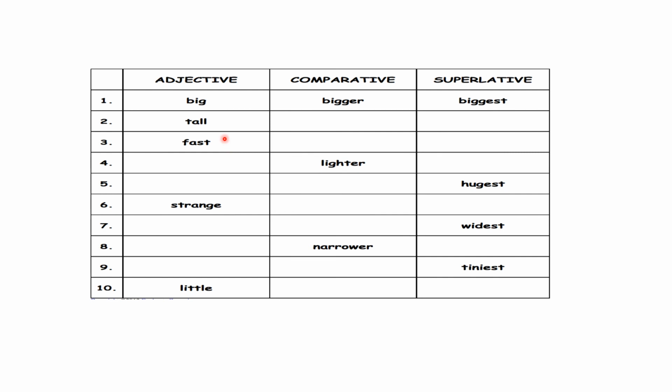Now you have to fill tall. What is the comparative degree of tall and what will be the superlative degree of tall? Fast, comparative and superlative. Here you have to fill the positive degree and the superlative degree. Here positive and comparative. So is it clear? So do this exercise in your copy.